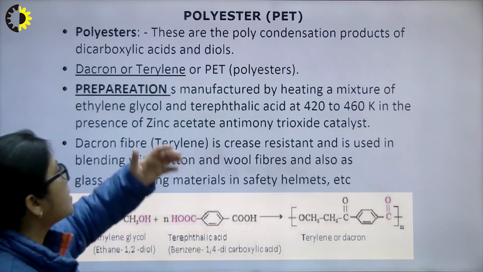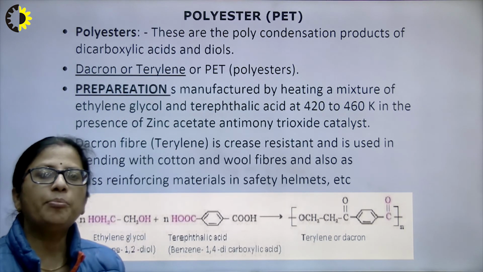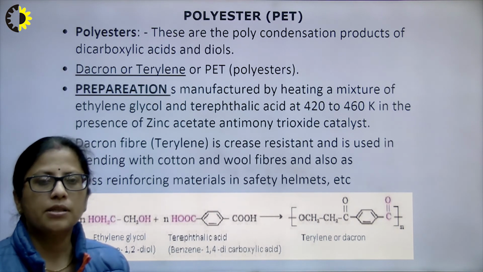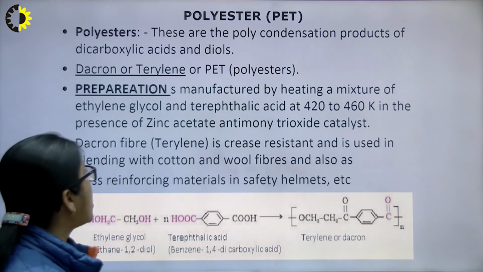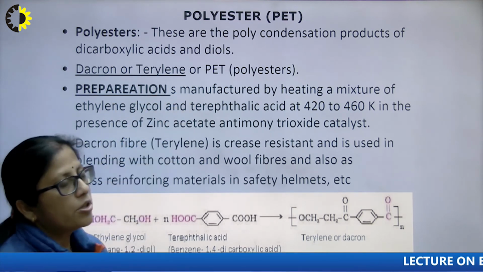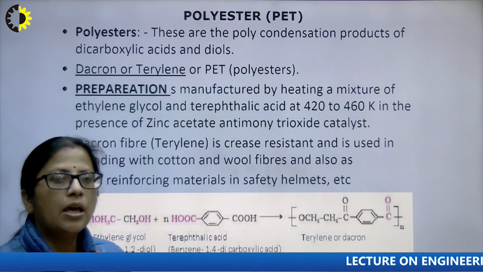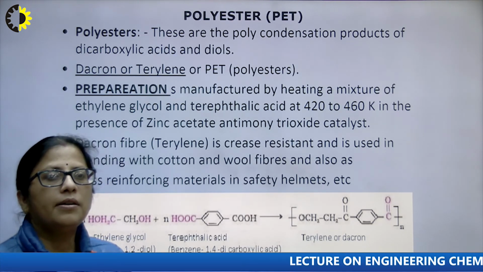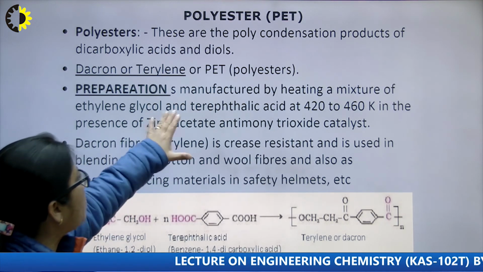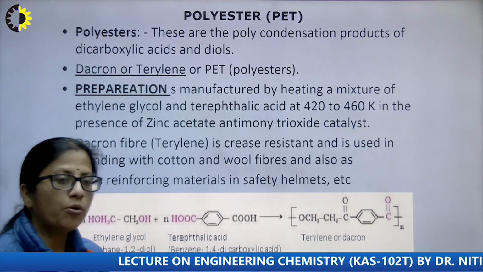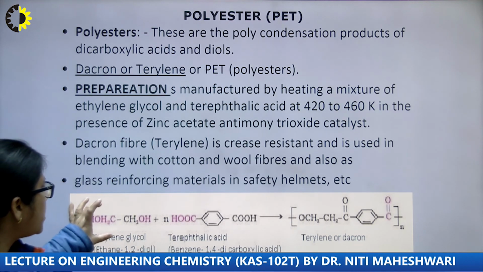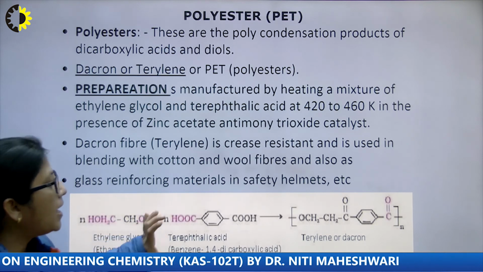So polyesters are produced by the polycondensation of dicarboxylic acids and diols. The molecule under discussion today is Dacron or terylene, also known as PET. Now this molecule Dacron is prepared by heating a mixture of monomers: ethylene glycol, which is OH CH2 CH2 OH, and terephthalic acid.